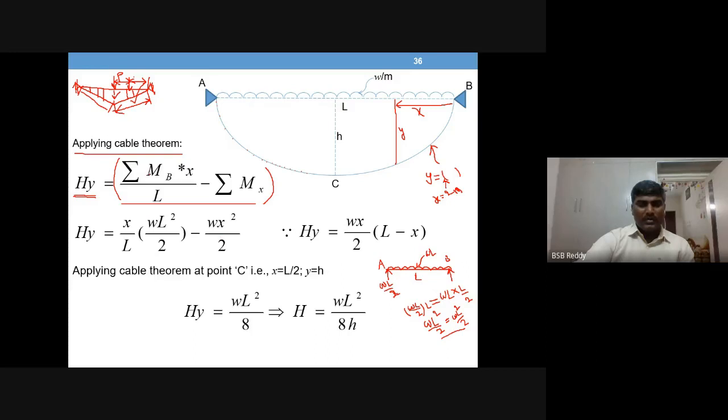Got it? Sigma MB only due to the loads, that means WL square by 2. This is from the reaction, this is from the load, so this is only from the loads.